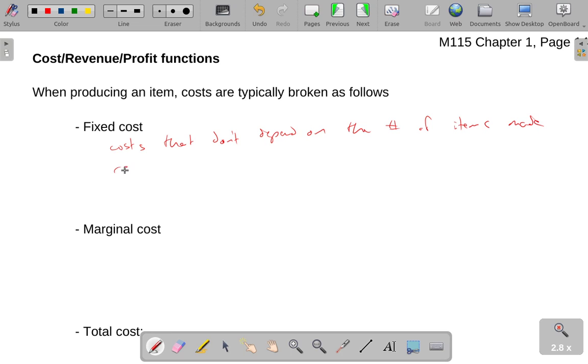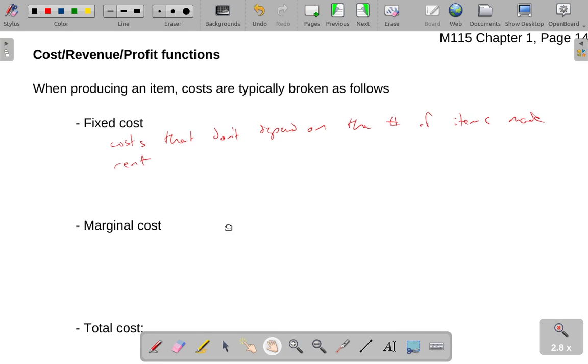These might be things like rent. So, for instance, if you're paying rent for a building, they don't care if you sit in there and you don't do anything at all, or if it's incredibly productive, they're going to charge you the same amount for rent. So it doesn't depend on how many items you made.